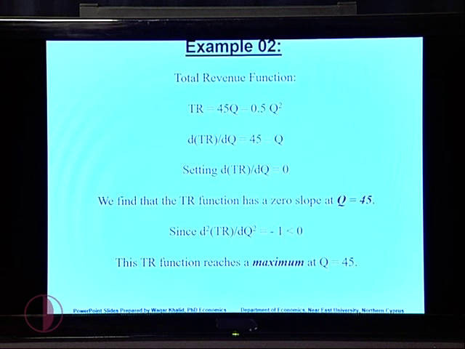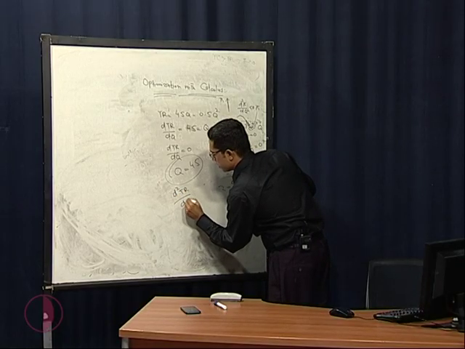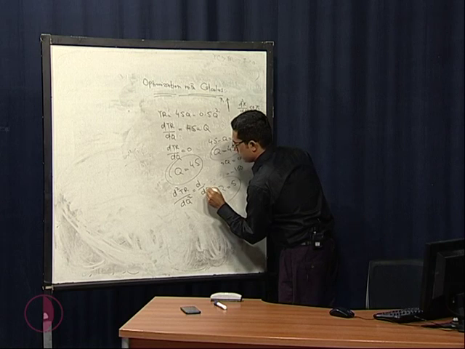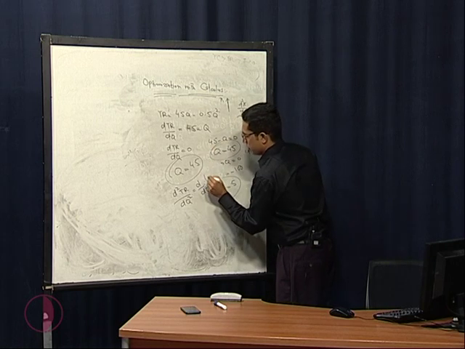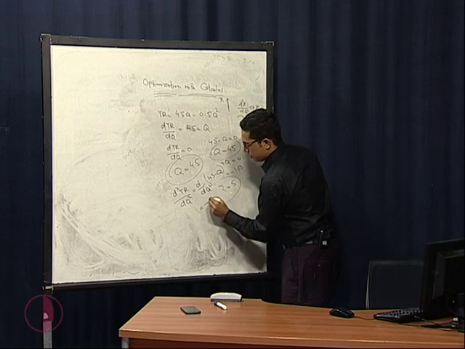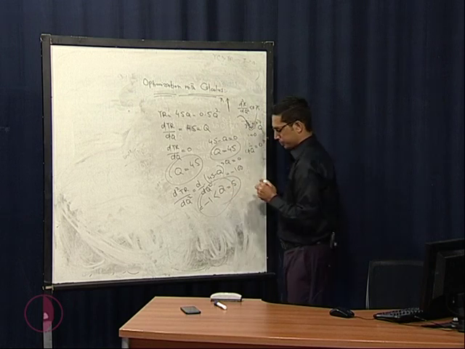For the second derivative, d square total revenue over d Q square of this function, 45 minus Q, this is equal to minus 1, which is less than 0.